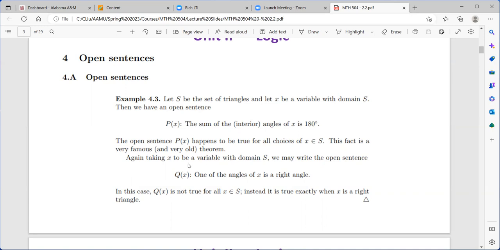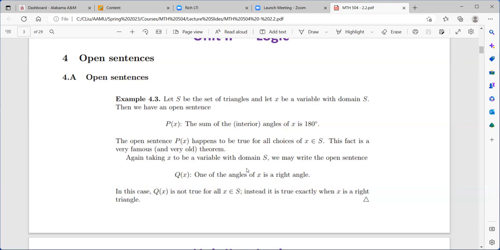Okay, let's see. You can also write another open sentence, Q of X. And that open sentence is: one of the angles of X is a right angle. So again, X is an element in S. So X is just one of the triangles.